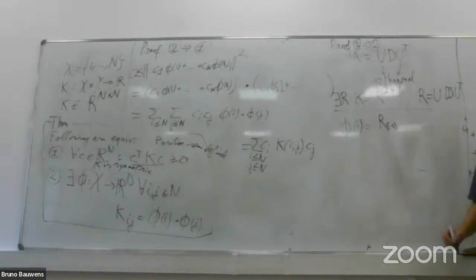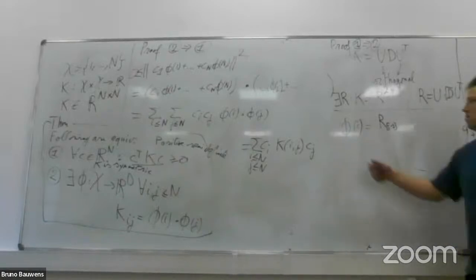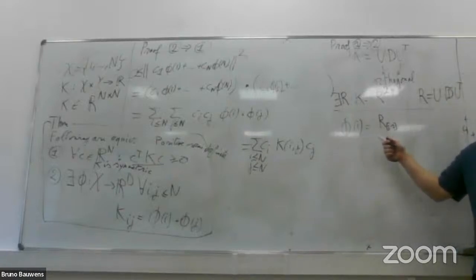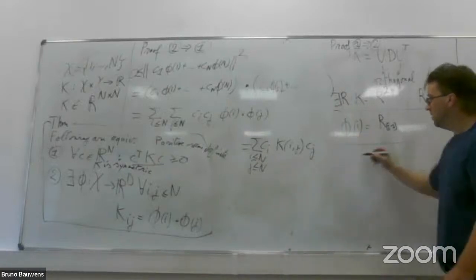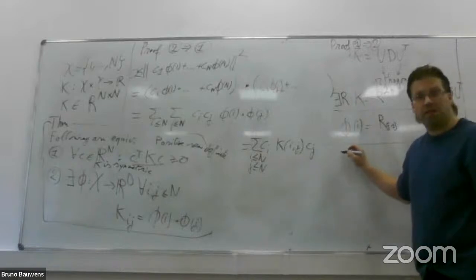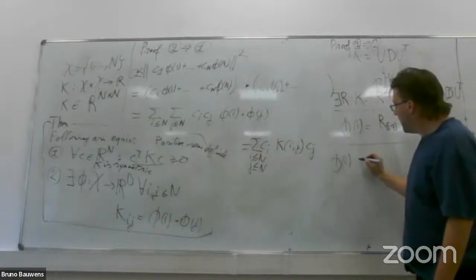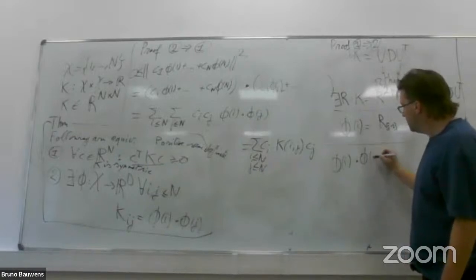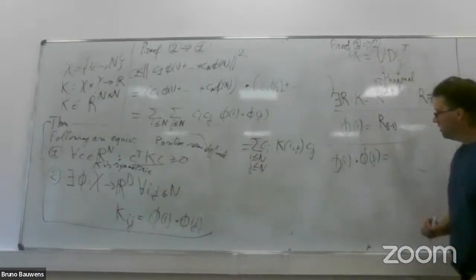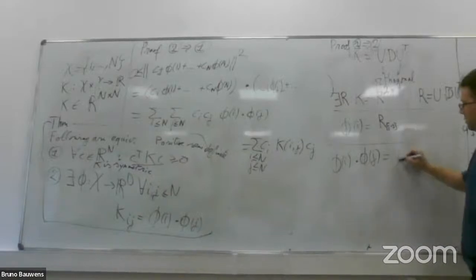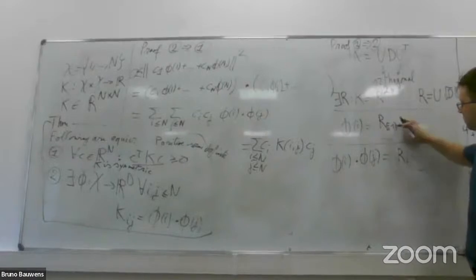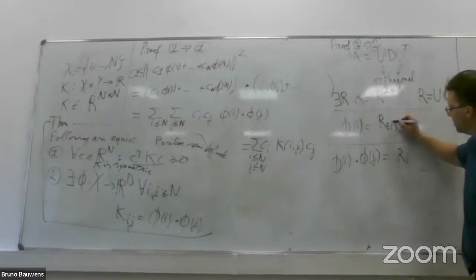Now we have to check that the dot products are equal to the kernel. Let's evaluate phi i dot product phi j. It is R, I forgot, it should be an i of course.